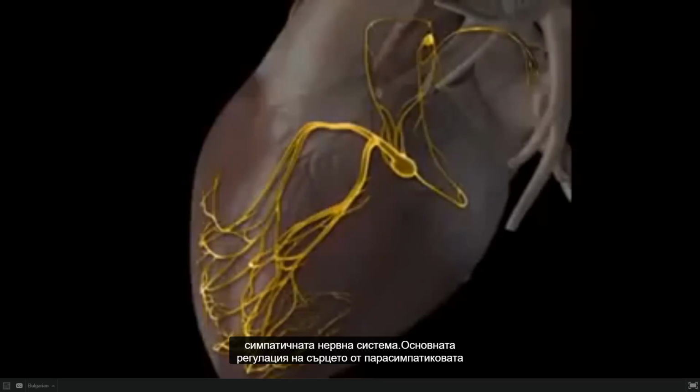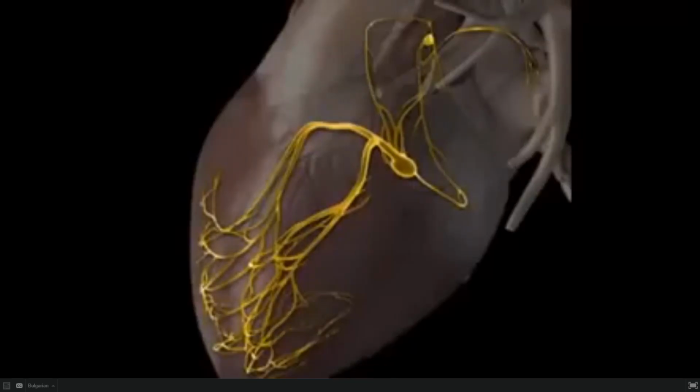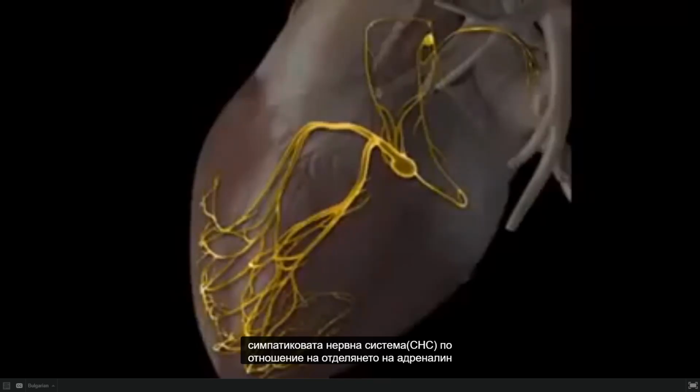The main regulation for the heart from the parasympathetic nervous system is the nervus vagus, which just slows down the movement of the heart. Also inside of your carotid artery there are other nervous nodes, which regulate your heart beating. All those parts, and also the sympathetic nervous system regarding adrenaline released from your adrenal glands.